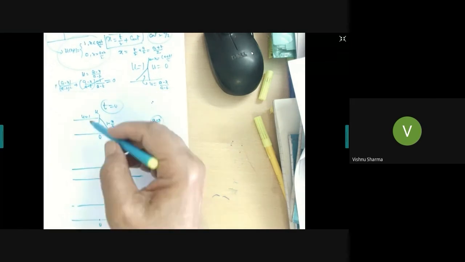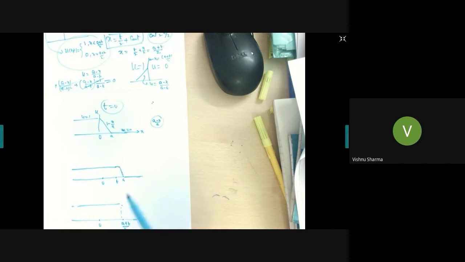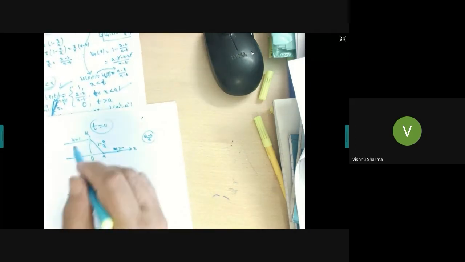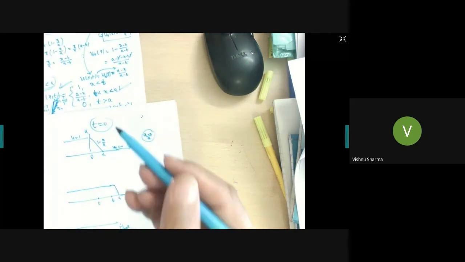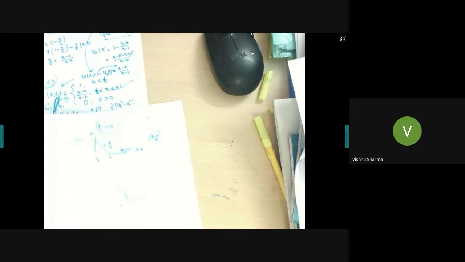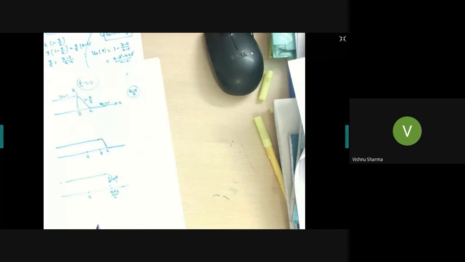Up to here it remains continuous, but here a discontinuity is introduced, so here it becomes a shock. A continuous profile terminates into a shock after a finite time, so what a wonderful result, and we get the solution as we have written analytically. So please tell me whether it is clear.